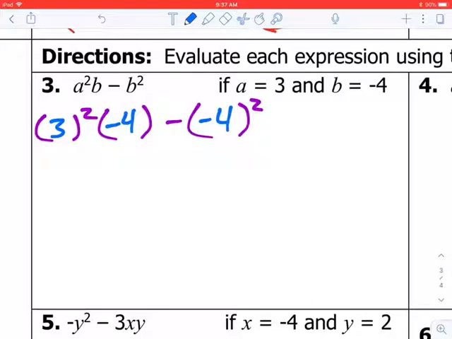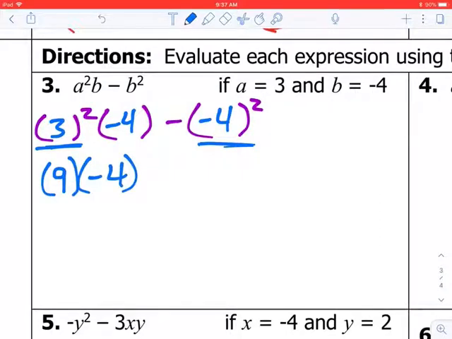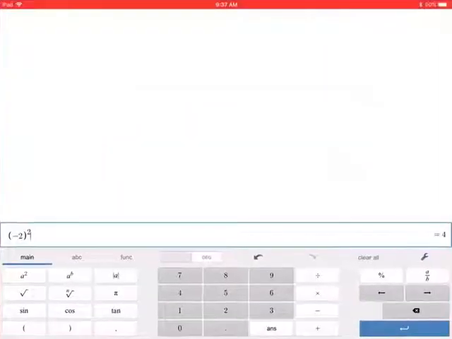Okay, so first up, we've got exponent. No parentheses again. Exponents first, so 3 squared is 9. I've got negative 4 still, minus negative 4 squared. Again, use your calculator, but if you don't use parentheses, you might get it wrong. So that's going to be negative 4 in parentheses squared, and that's positive 16.